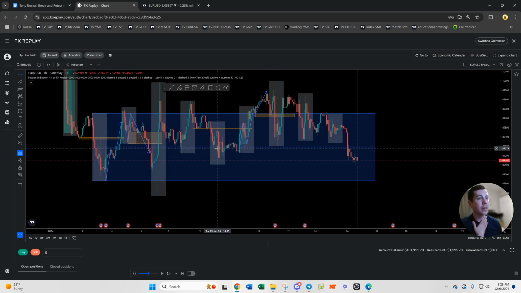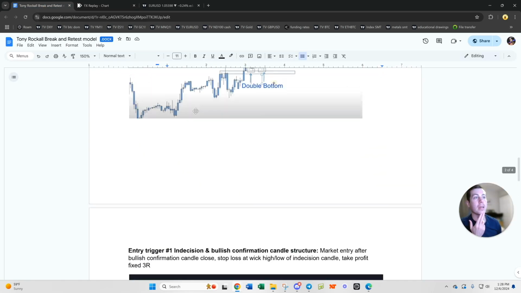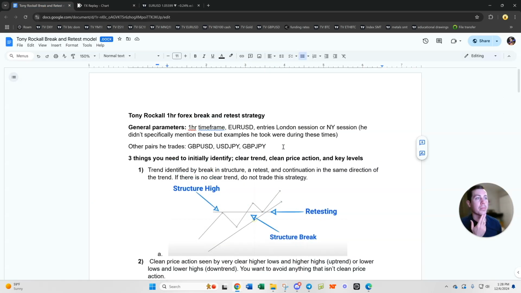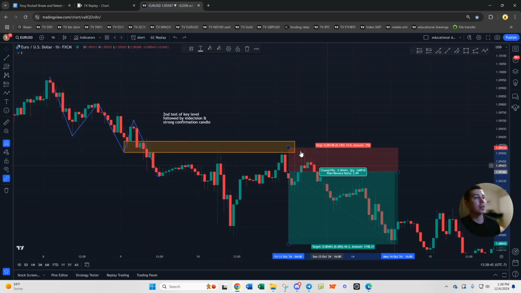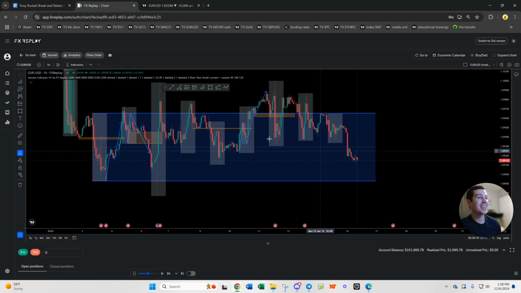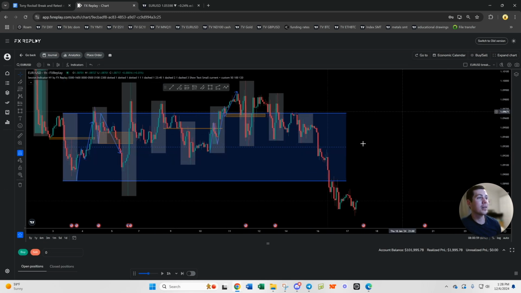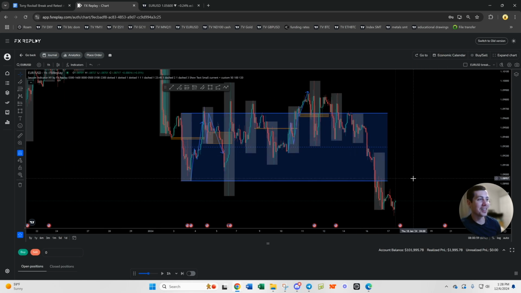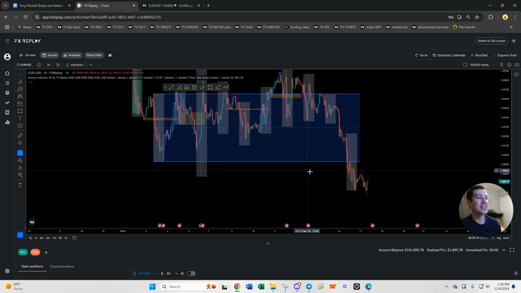Maybe the euro is just ranging, but you identify one of the other pairs that he trades that is ranging, and you can look to trade those instead of having nothing to do when price is in these ranging environments. So alright, we have officially, hopefully, broken down out of this range.